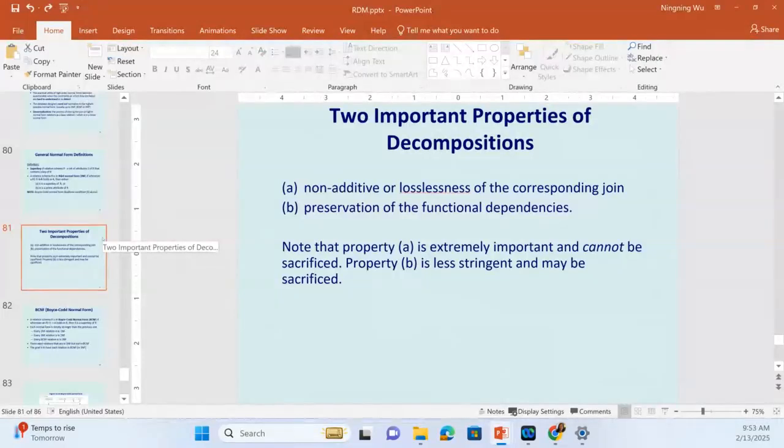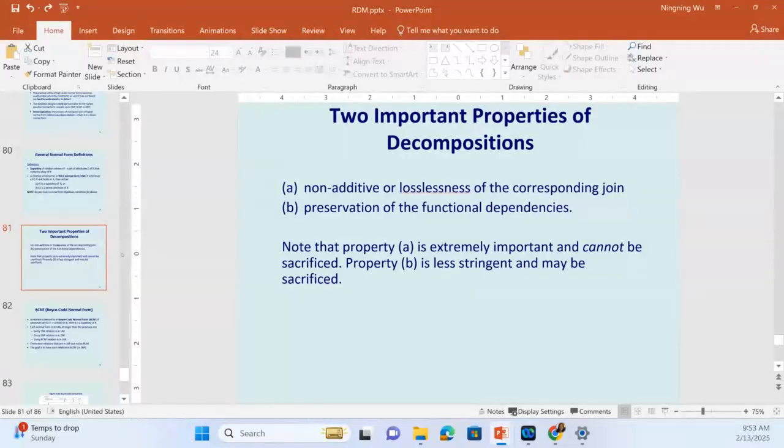Some describe the business rules in a company. That's why preserving functional dependency is very important. But unfortunately, when we do the normalization process, we may not always be able to preserve the functional dependencies. So that's fine.